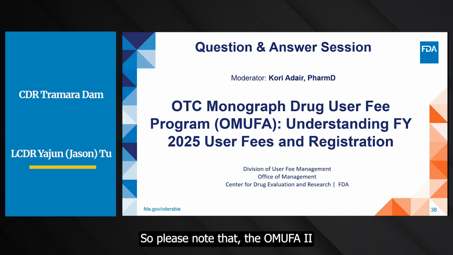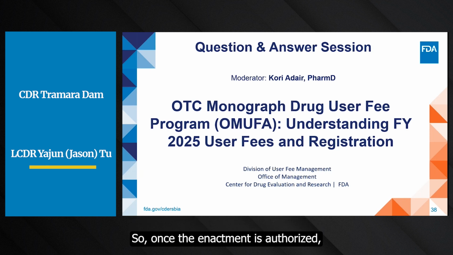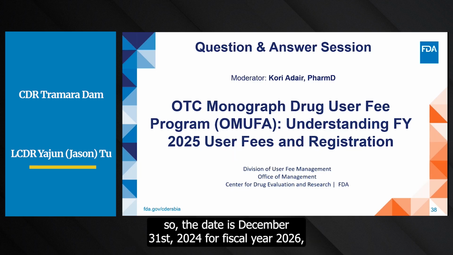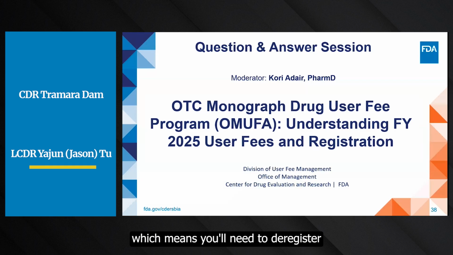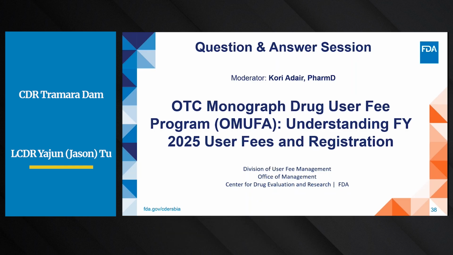Please note that OMUFA 2, including fiscal year 2026, is under reauthorization, as Commander Dan mentioned earlier. So once the enactment is authorized, the date is December 31st, 2024 for fiscal year 2026, which means you need to deregister by December 31st, 2024 to avoid incurring the fiscal year 2026 facility fee. Thank you.